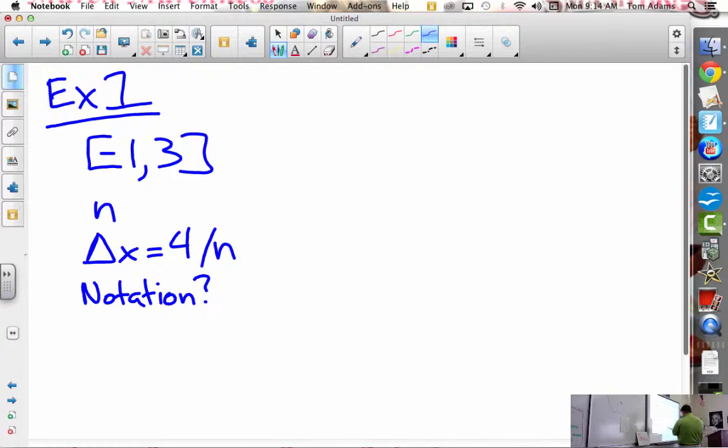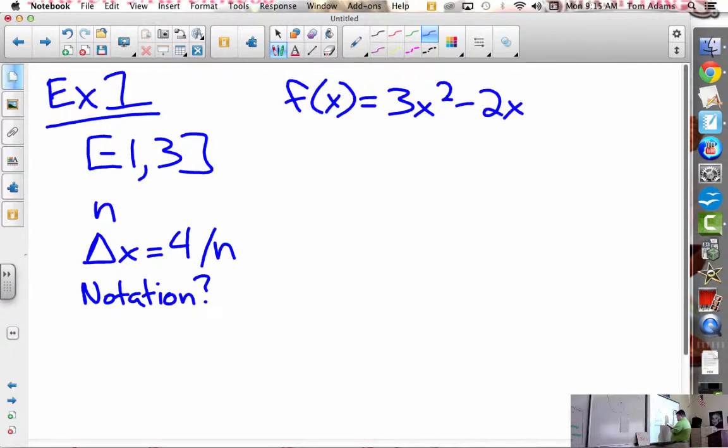So now to do that, and this is of the function f of x is equal to 3x squared minus 2x plus 5.